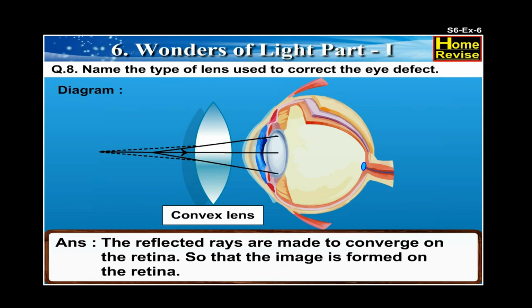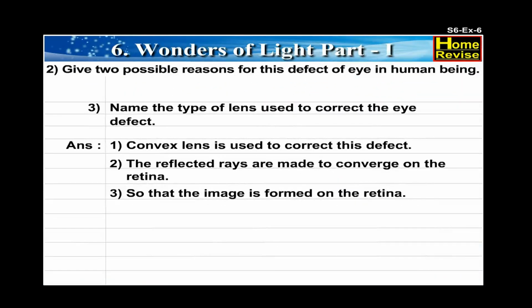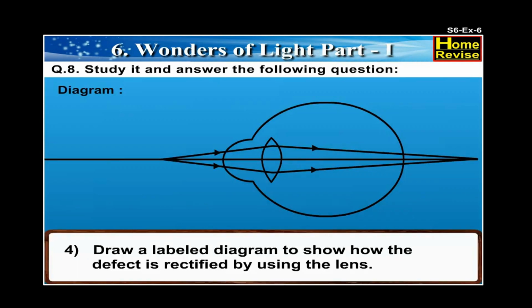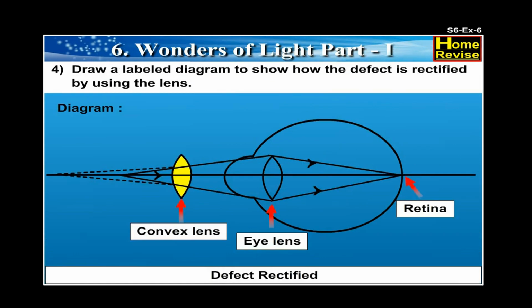The reflected rays are made to converge on the retina, so that the image is formed on the retina. 4. Draw a labeled diagram to show how the defect is rectified by using the lens. Answer.